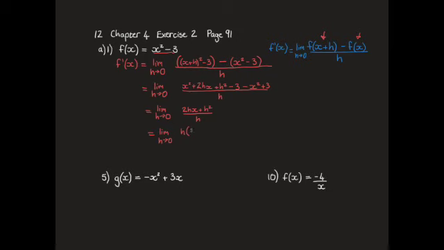And so that leaves us with 2x plus h over here, and then we're dividing by h, and of course that means that this is our derivative. And then we substitute 0 in for h, and that gives us 2x as our first derivative.